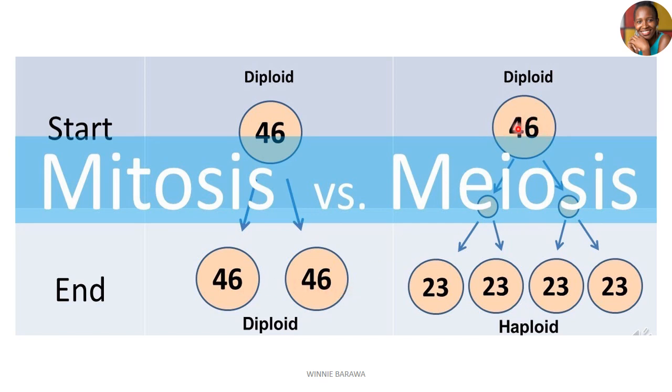However, in the meiosis process, the parent cell starts from the 46 chromosomes, but it goes through two stages, meiosis 1 and meiosis 2, and we shall have a daughter cell with the haploid number of chromosomes, which is half of the parent cell. So we begin with 46, while the daughter cell will have 23 chromosomes in the human genome.